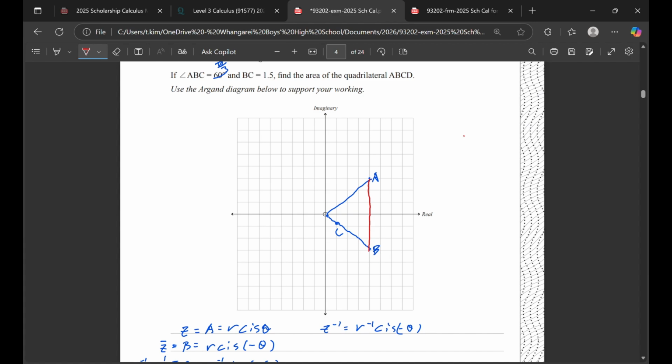Now, it says angle ABC is 60 degrees, which is pi over 3. And then we know that's like a right angle triangle. So this angle is pi over 3. This triangle is an isosceles triangle, so that one must be pi over 6, and that one must be pi over 6 as well.